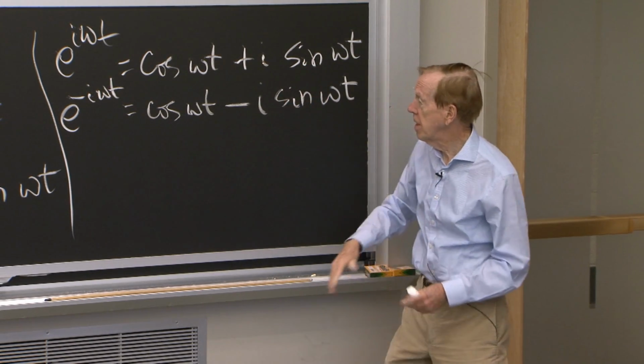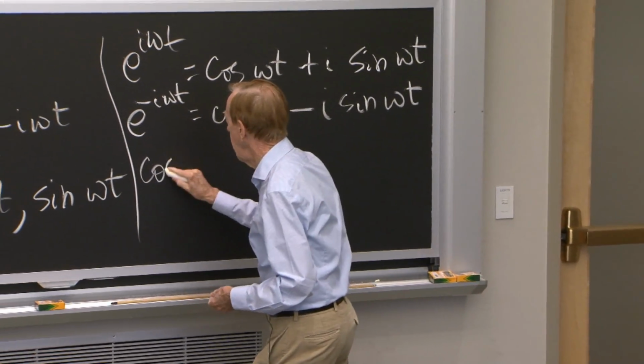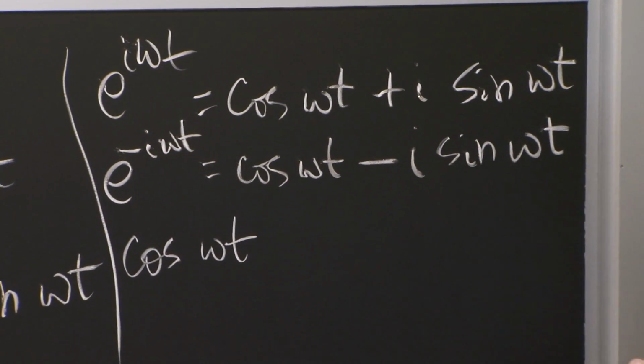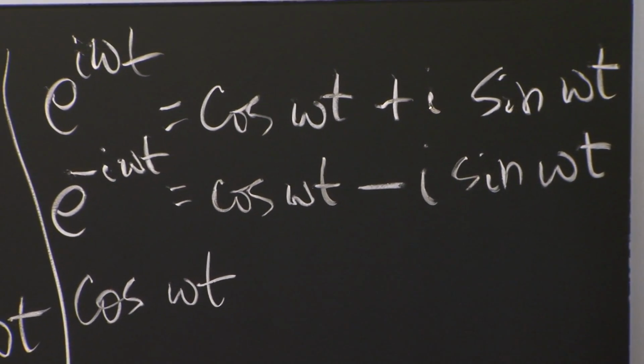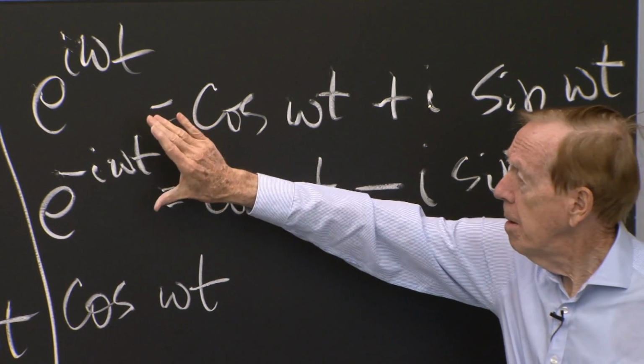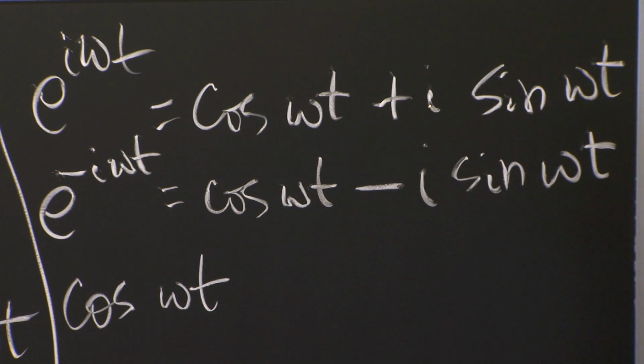So if I have these guys, then I have these. And vice versa, how would you write cos omega t using the exponentials? I want to see totally clearly that I can go back and forth between complex imaginary exponentials and cosines and sines.